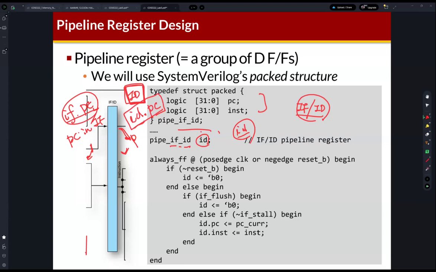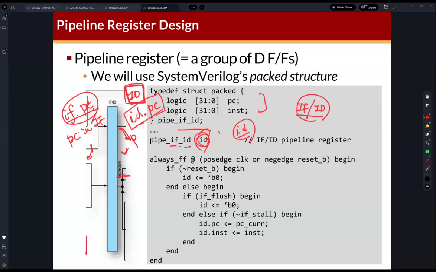So the output of this pipeline register is actually the signals in the ID stage. That's why I name this pipeline register ID. It represents the pipeline register for instruction fetch/ID, and the type is IF2ID.